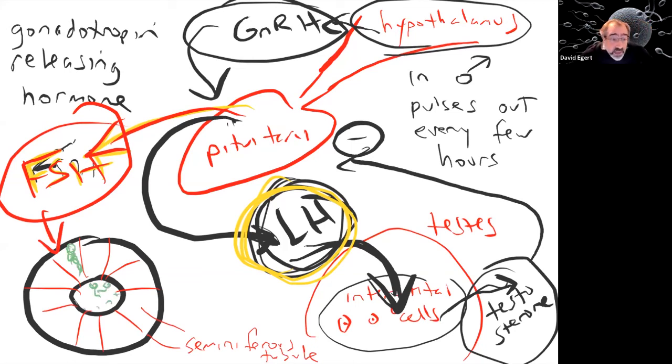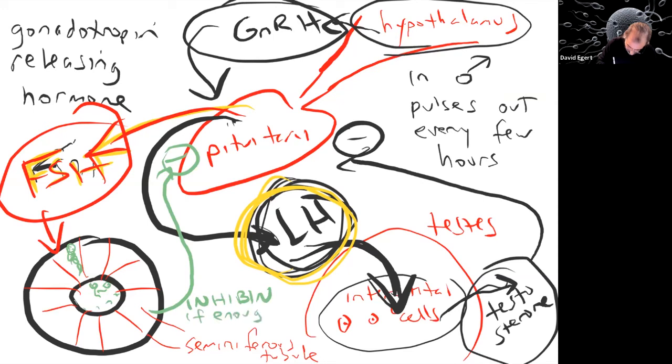If there are enough sperm, there's another hormone that gets released to suppress FSH called inhibin. So this is going to be yet another one of these negative feedback loops.